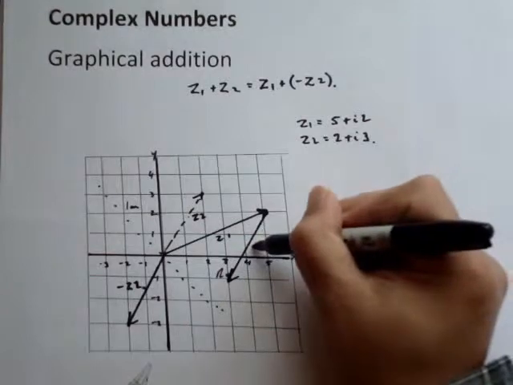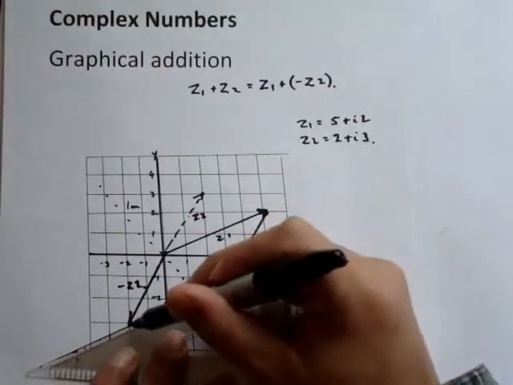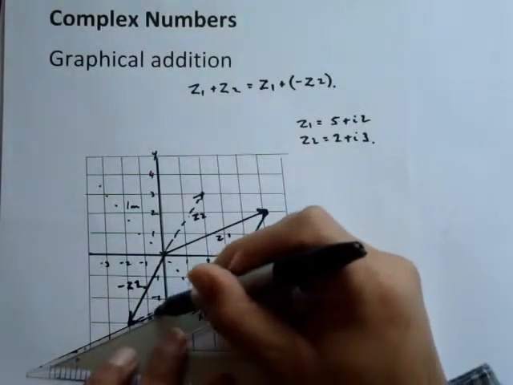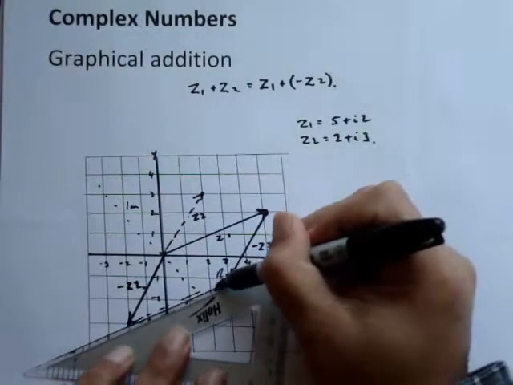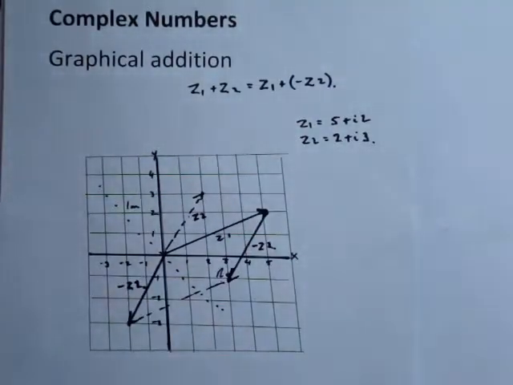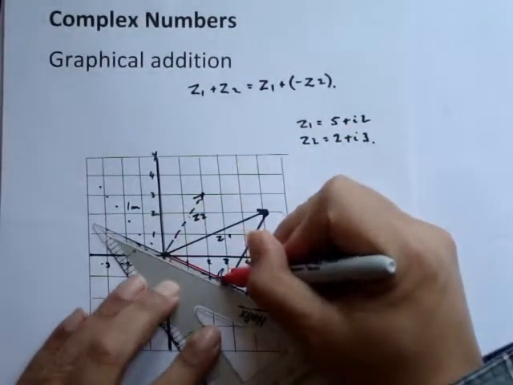So this is our minus Z2 again. This is our parallelogram. And our resultant vector in red would be from here to there.